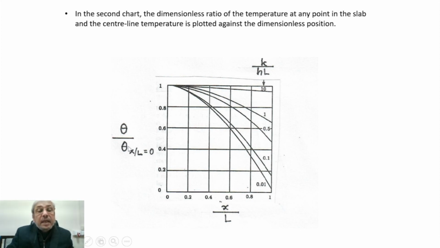Here we get that center line temperature, taking this as the denominator, and theta at any x location in the slab can be obtained from that part of the Heisler chart where theta by theta at x by L equal to 0 versus x by L has been plotted, and again inverse of Bi number has been kept as a parameter. So this is the second part of the Heisler chart.